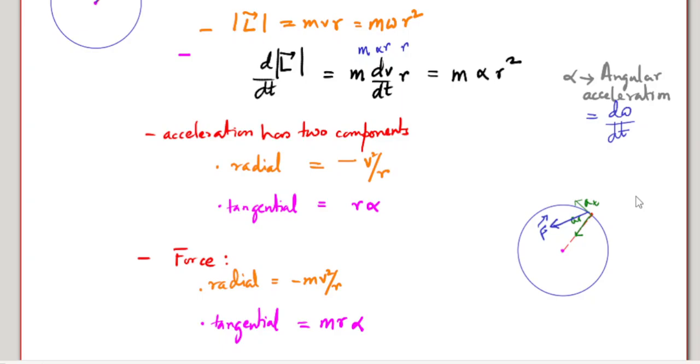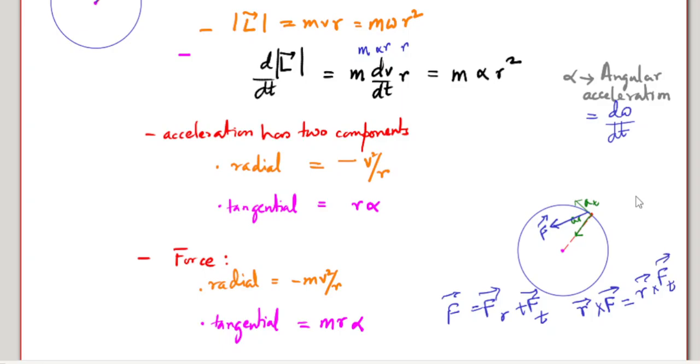Now when you take the cross product of this with r to find the torque, note that r is parallel to the radial component of the force. So if you write F as Fr, the radial component, plus Ft, r cross F will be r cross Fr plus r cross Ft. But r cross Fr has to be 0, both vectors being in the same direction. So it's just r cross Ft.